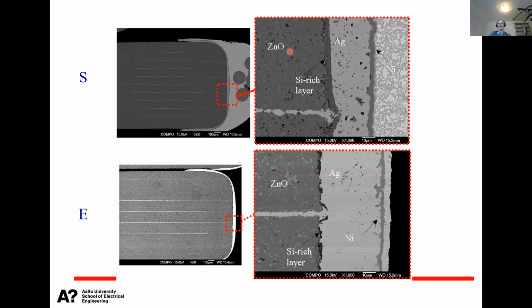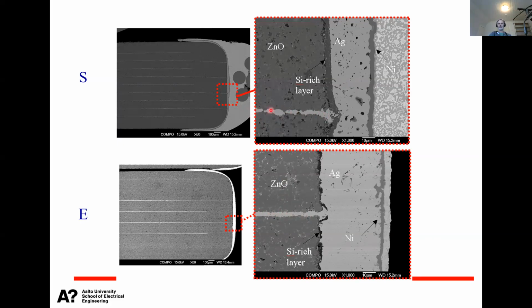Both had this zinc oxide insulating material, both had silver plates here as electrodes. Maybe the quality difference you can already see here. In the E component, the silver electrodes were thicker and more uniform, and with the S, the uniformity was a little bit worse.